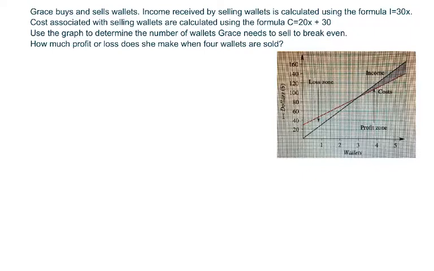So let's complete our first question. It says to use the graph to determine the number of wallets Grace needs to sell to break even. To do that, we need to read the point of intersection from our graph, which will give us the break-even point.